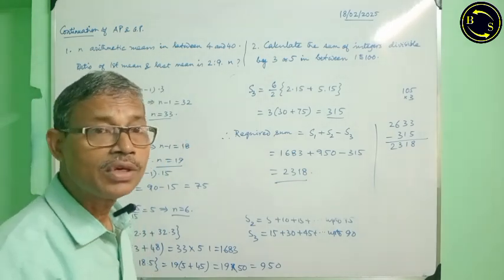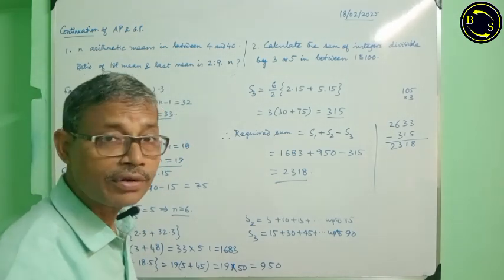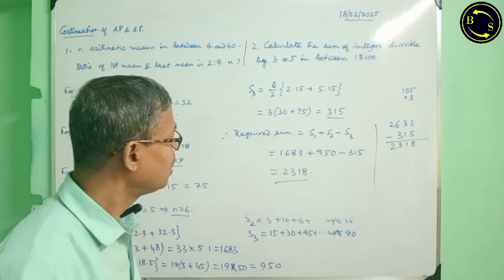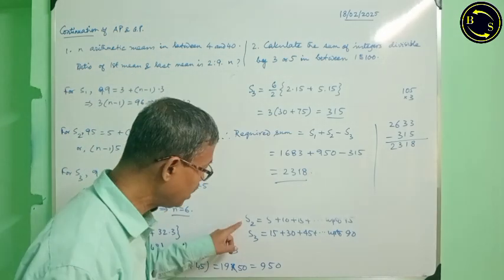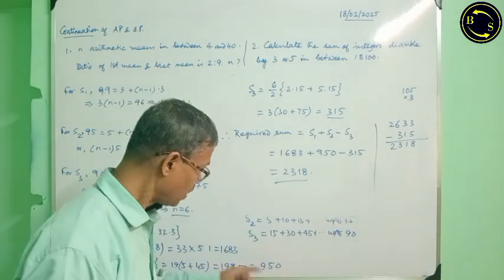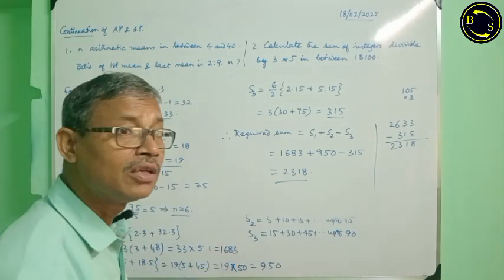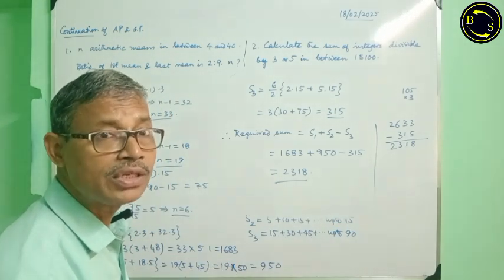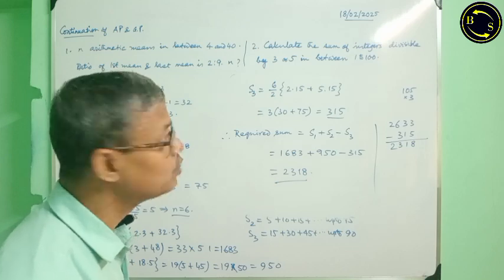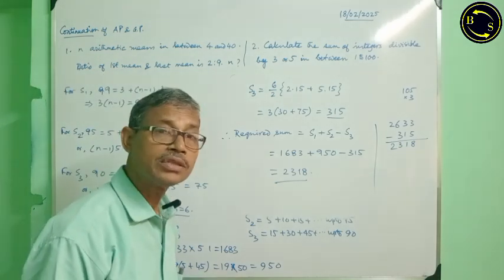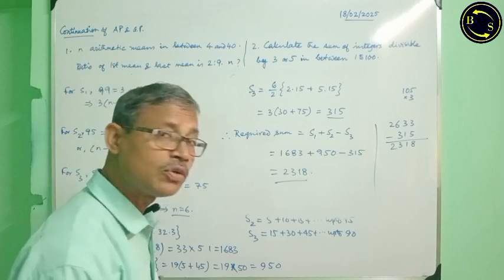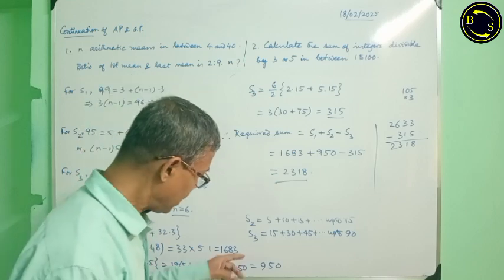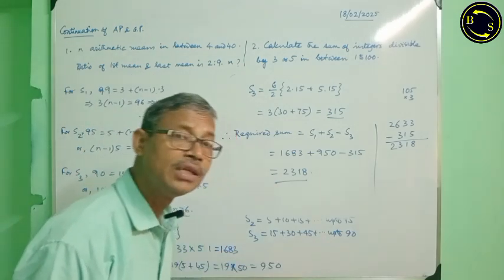Then numbers in between 1 and 100 divisible by 5, I have called the sum of those numbers as S2. Then S2 equal to this. And while we are considering S1 and S2, we have already considered the numbers which are divisible by both 3 and 5. We have to subtract that sum, and that S3 equal to this one.